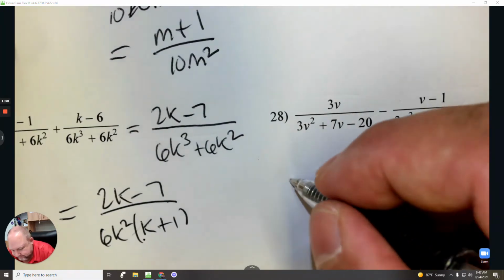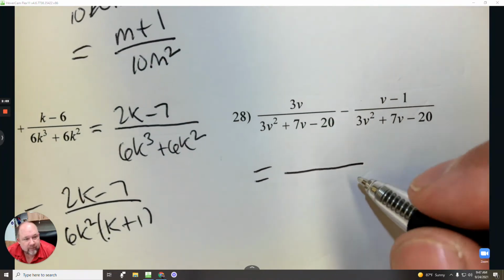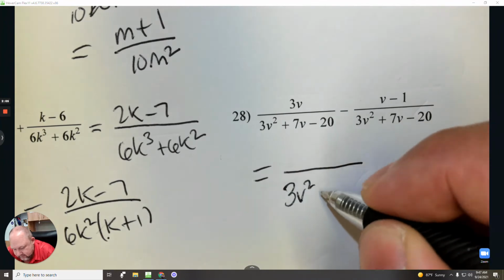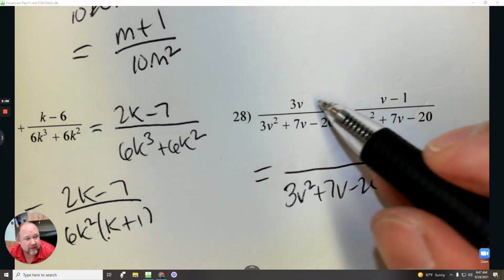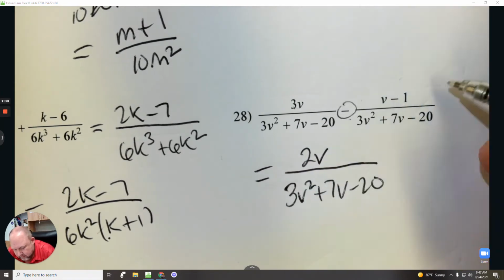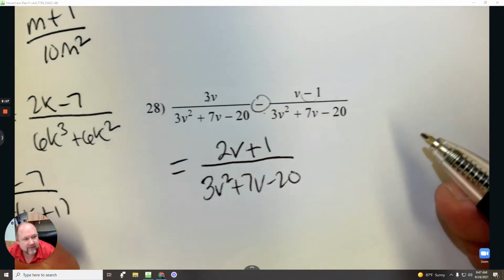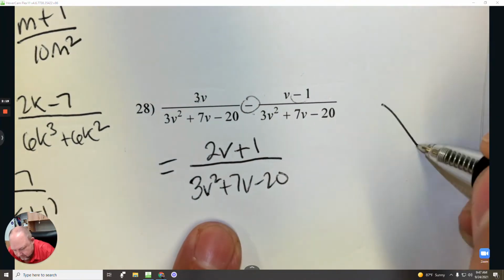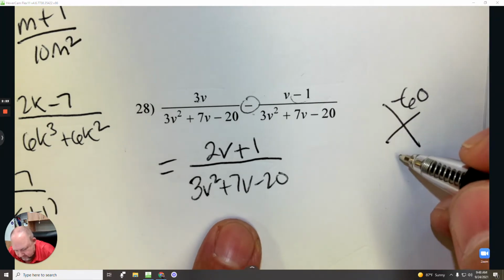Number 28. The common denominator, 3v squared plus 7v take away 20. Subtract the numerators. 3 take away 1 is 2v. Be careful here. When you subtract negative 1, it's plus 1. And then I need to know if it's factorable. That's negative 60, and 12 and 5.